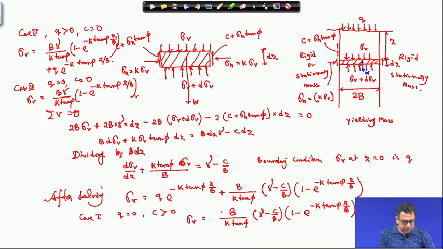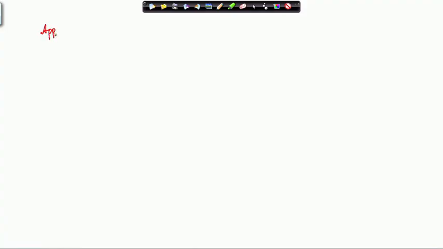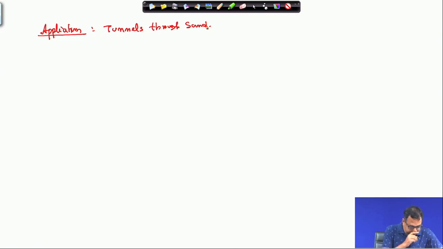Now the next one, the application of this theory: a tunnel through sand.